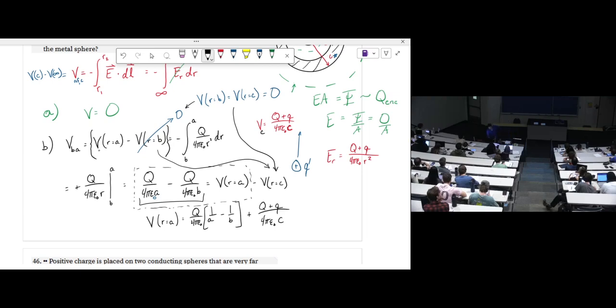Therefore, the result of this integral, V at R equals A, is just this integral right here, which we found to be all of this here in the dashed line.